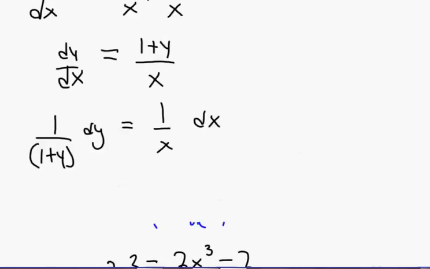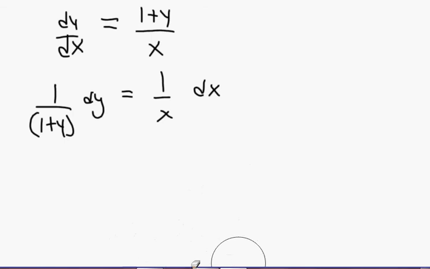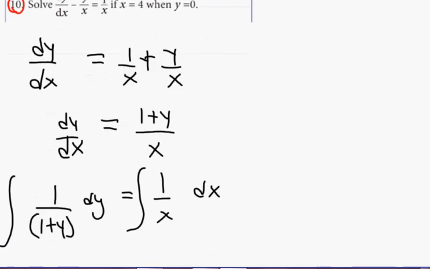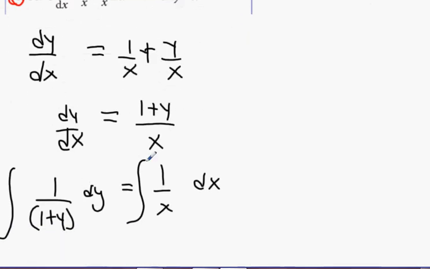Now, what happens here, guys? What's your choice for 1 divided by a variable on the bottom? Log. And what about our limits? 4 and 0, right? So 4, 0, y, and x.